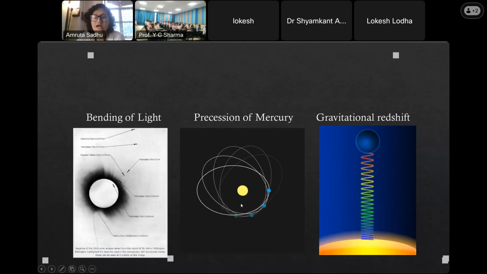Another testable prediction is the precession of Mercury. The planet Mercury doesn't travel the same orbit each time. Centuries of observations told us that the point that is closest to the sun for Mercury keeps shifting at a very slow rate in a century, but there is a definite shift.